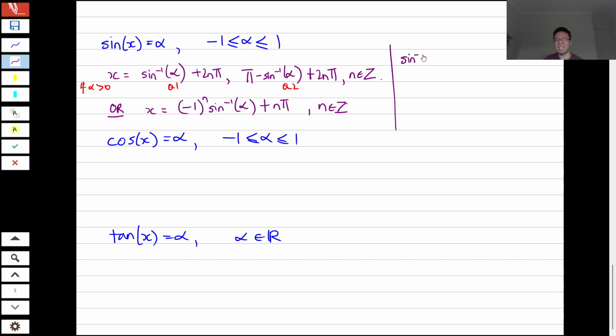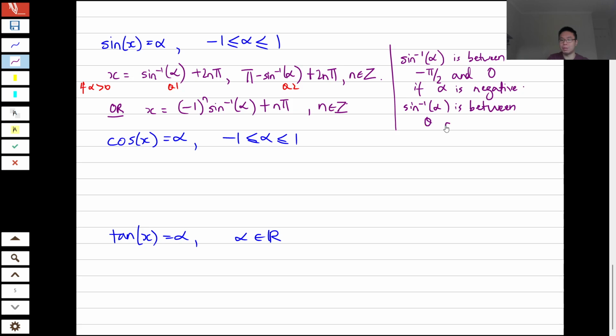Well, I don't think you need to fill in the details, but I'll just say the inverse sine of alpha is between minus pi on 2 and 0 if alpha is negative, and inverse sine of alpha is between 0 and pi on 2 when alpha is positive.